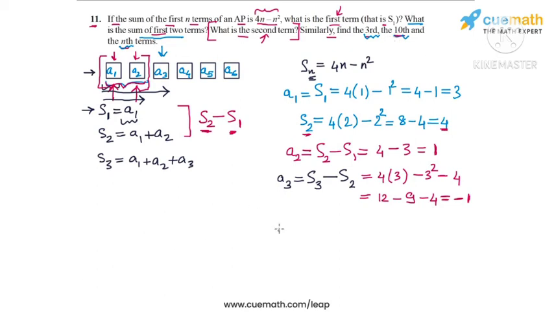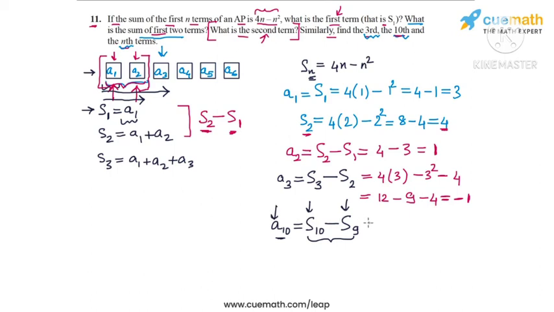So the 10th term will similarly be equal to S10, the sum of all terms up to the 10th term, minus S9, the sum of all terms up to the 9th term. If you take this difference, you will only be left with the 10th term. So in general, the idea is that to find any term, you take the sum up to that many terms, and then subtract the sum up to the previous term, and then you will find the term that you're trying to find.